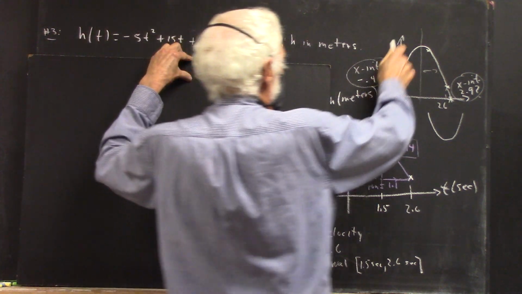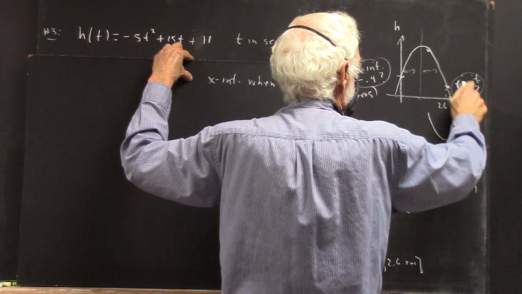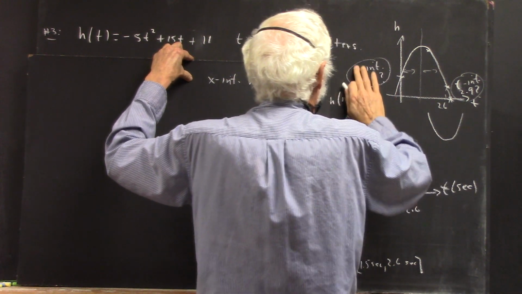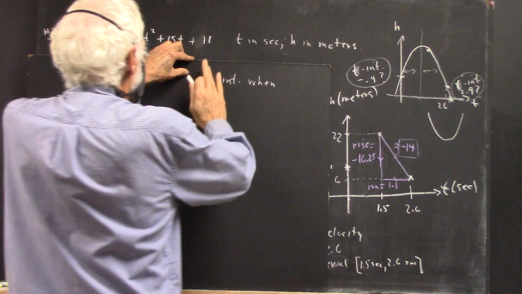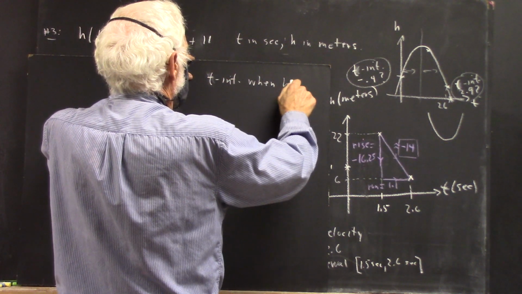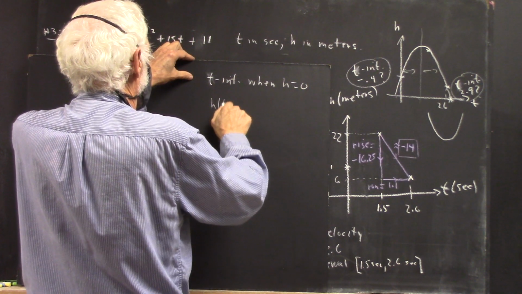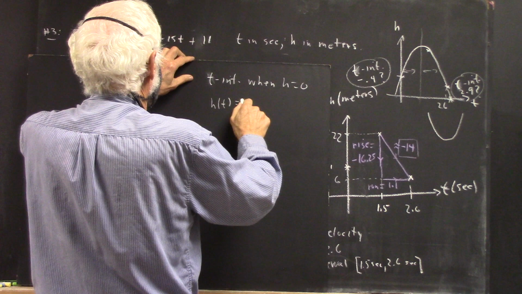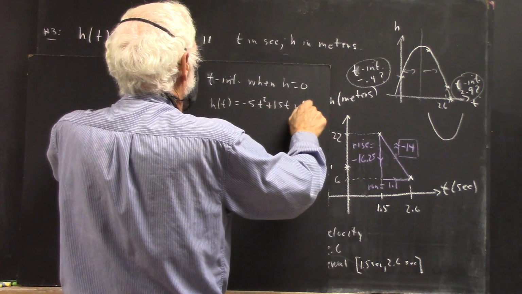Now this isn't y anymore, it's h, and actually this should be t-intercept because this is t, right? So our t-intercept occurs when h equals 0. Well, h of t is negative 5t squared plus 15t plus 11.